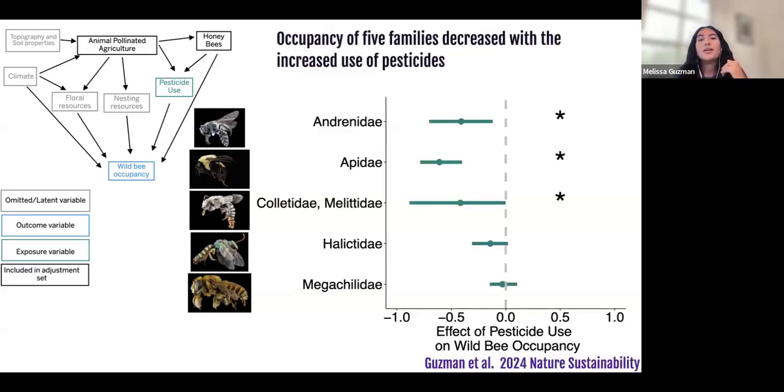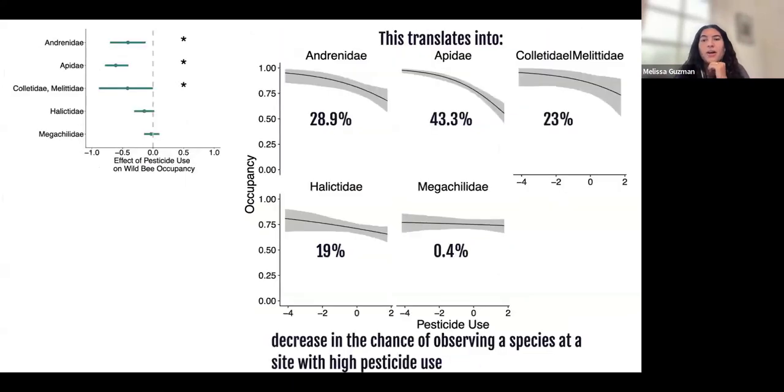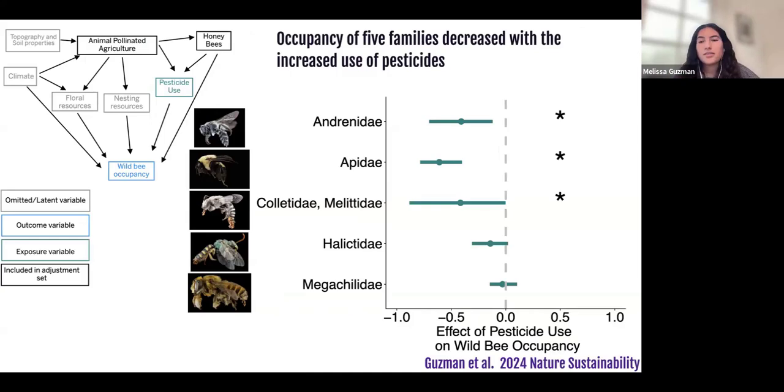What I found was that as you increase pesticide use, both the combined use of pyrethroids and neonicotinoids decreases the occupancy probability across space and time for 5 different families of bees, and significantly so for 4 families of bees.